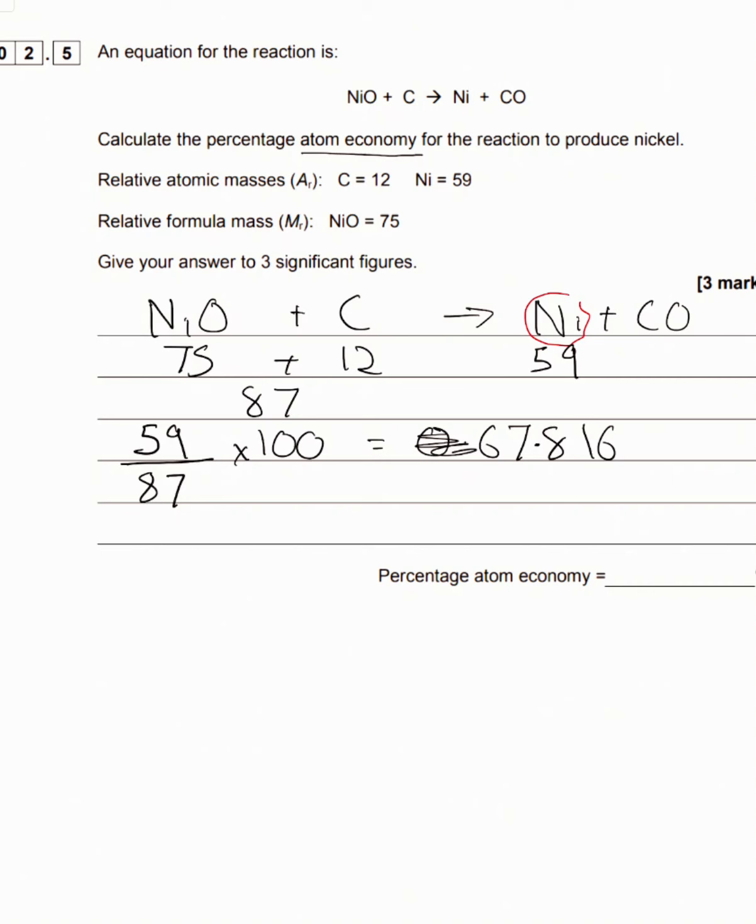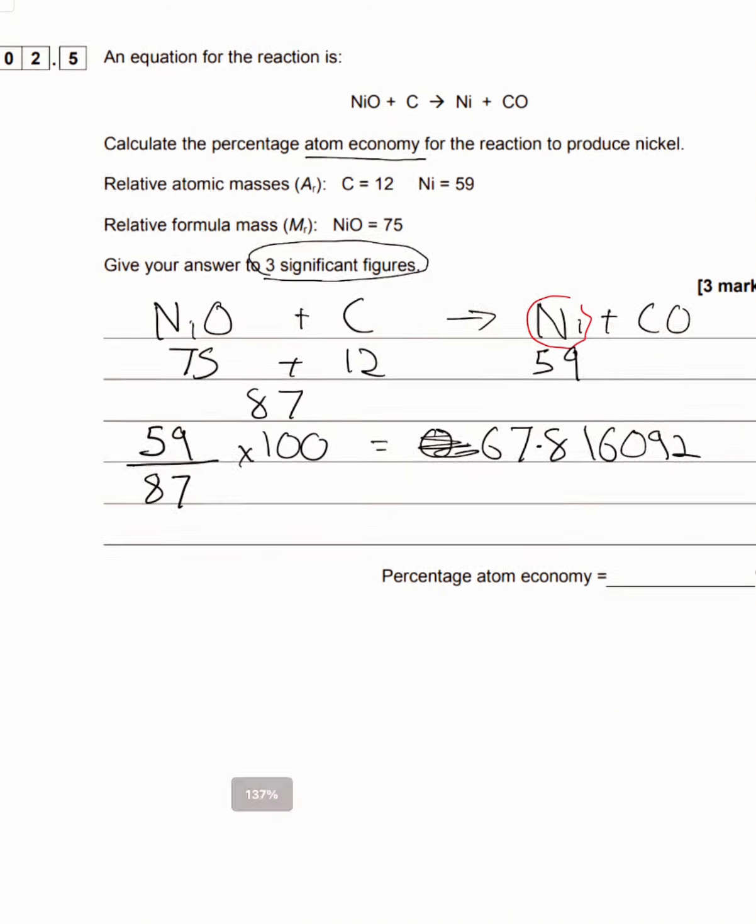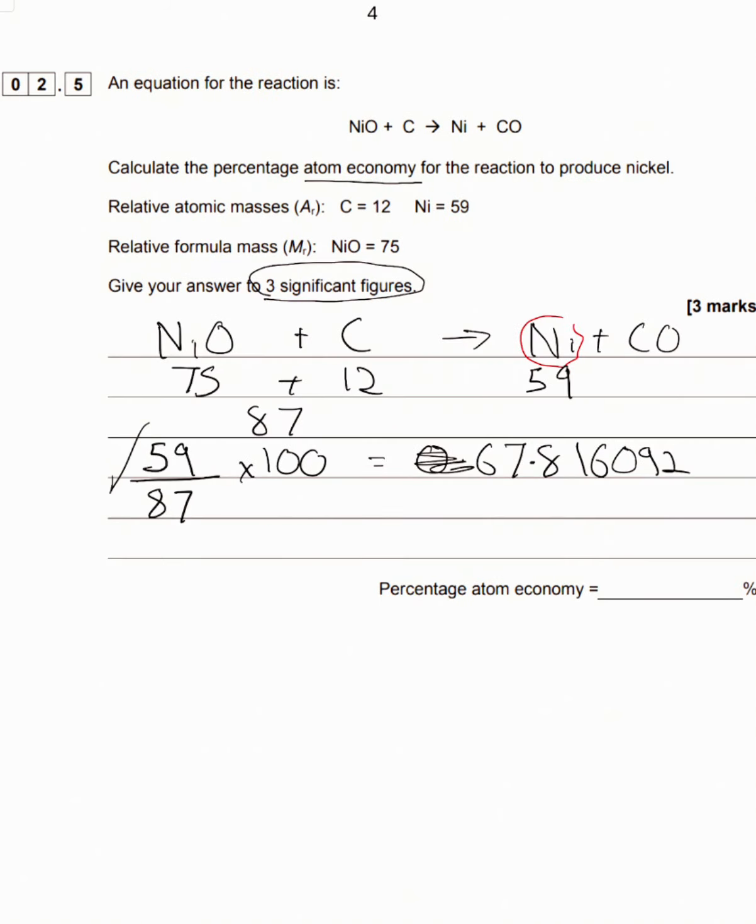And I'm going to write down here to 3 significant figures, because that's what it's asked us to do. But it's important to write the whole thing that you've got from your calculator. I can even add 092 there if I wanted to, because you're showing the step to go into 3 significant figures. So actually this formula here is worth 1 mark, this is worth 1 mark, and the rounding to significant figures to get 67.8 is worth 1 mark.